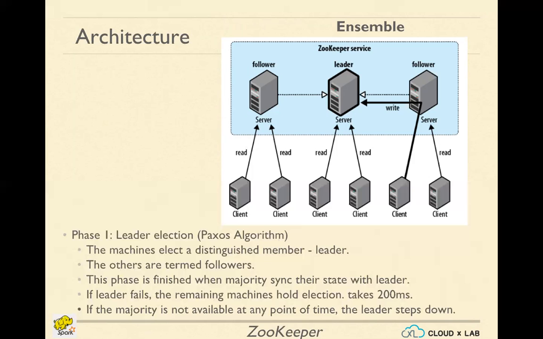Good, moving ahead. We talked about how we installed many servers in the network. Then they all came up, and then they elected a leader. The leader responds to the data modification queries, while all the other nodes, which we call followers, respond to read-only queries, for example ls, get, those kinds of queries.